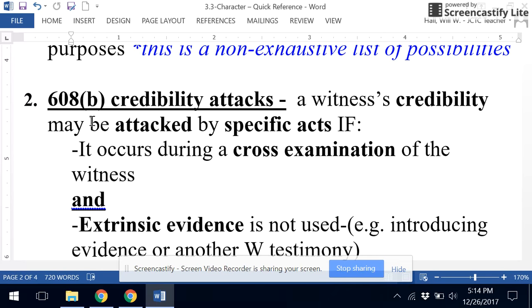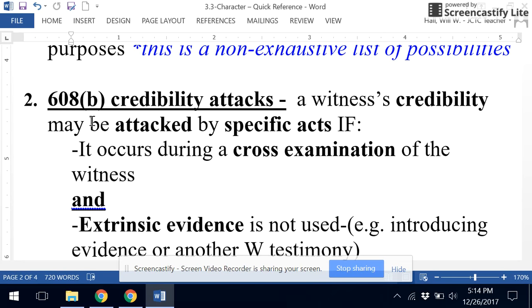But what you have to realize, the difference between 608(b) and 608(a), is with 608(a), when you're doing general traits, you can introduce extrinsic evidence, meaning you can have other witnesses or other evidence prove that this person is not trustworthy, that you're impeaching. Under 608(b), when you're using specific instances of untrustworthy acts, you cannot use extrinsic evidence.